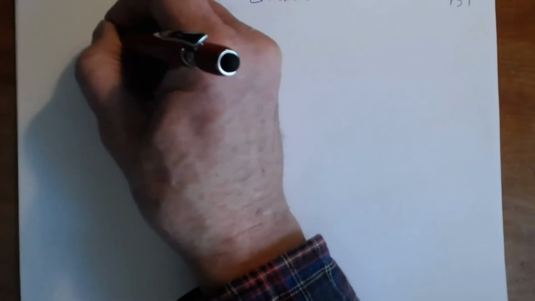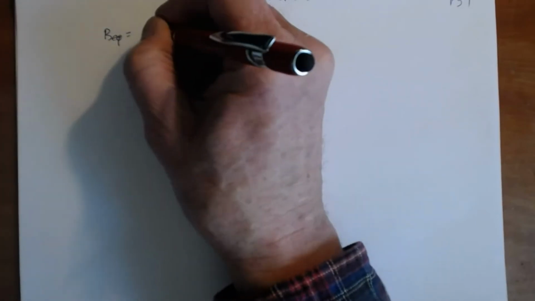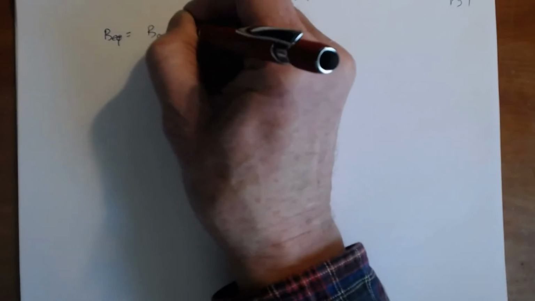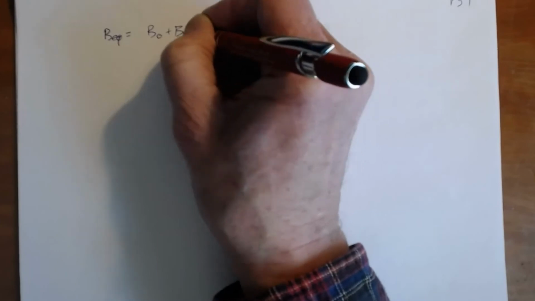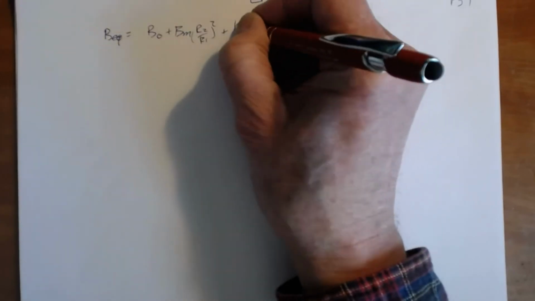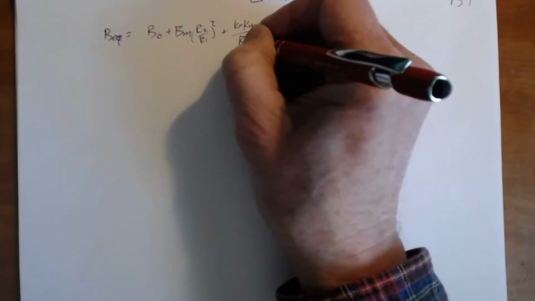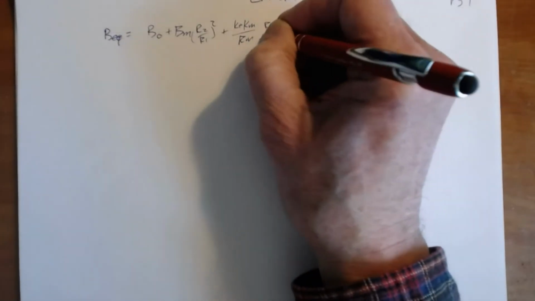the equivalent damping is B out plus BM R2 over R1 squared, the gear ratio squared, plus KE KM over RM times R2 over R1 squared.